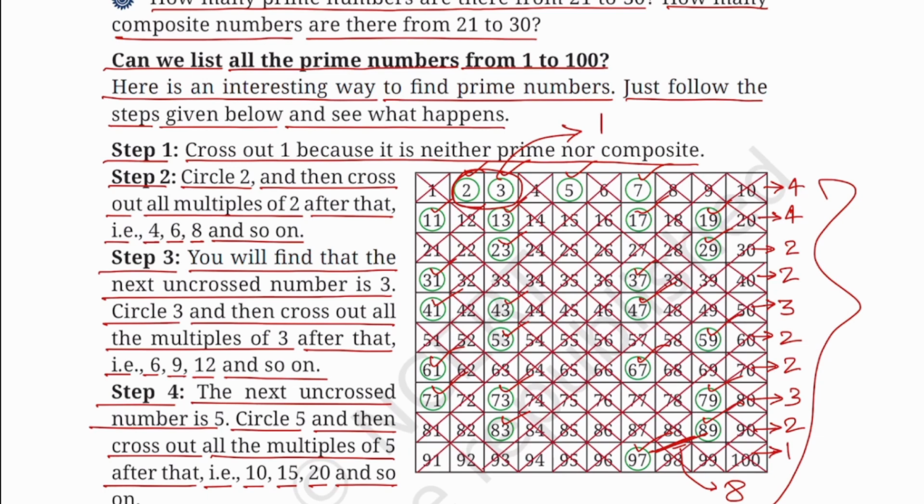That means the first 2 rows have the same number of primes and the last row has the minimum number of primes.